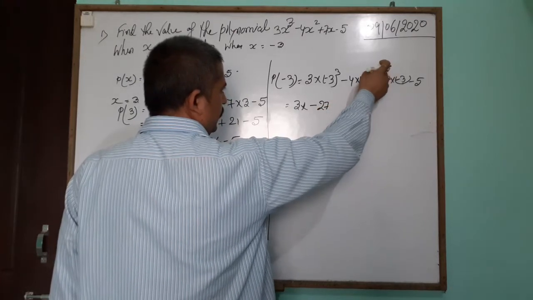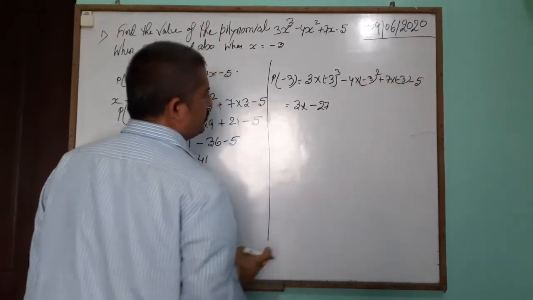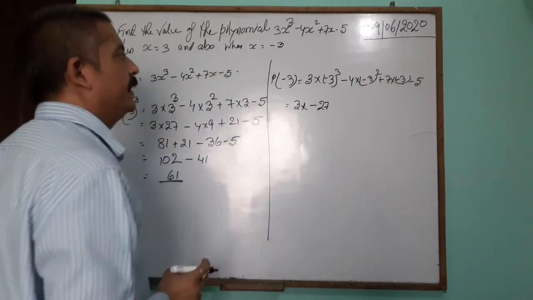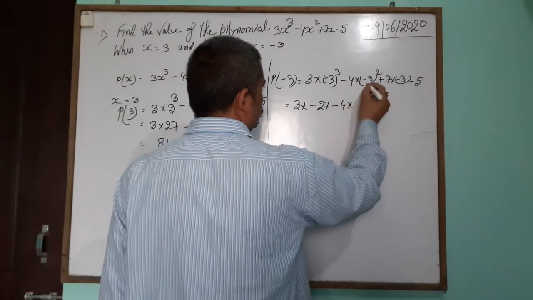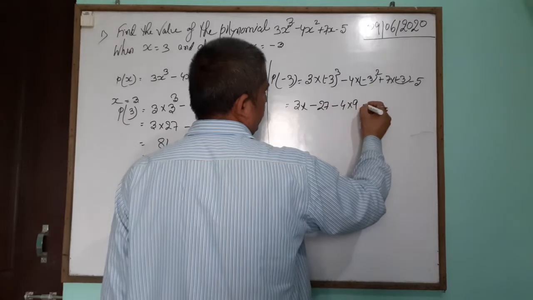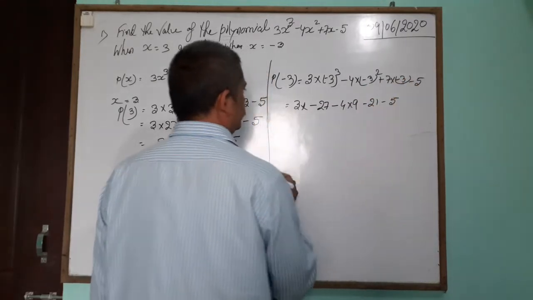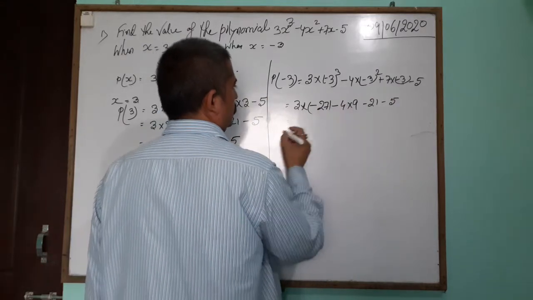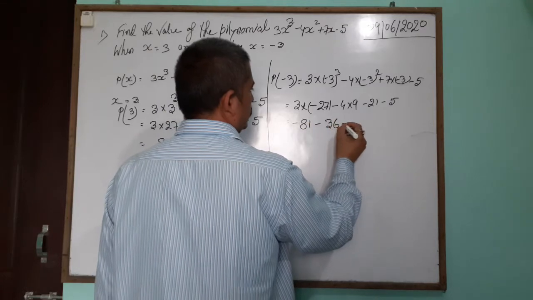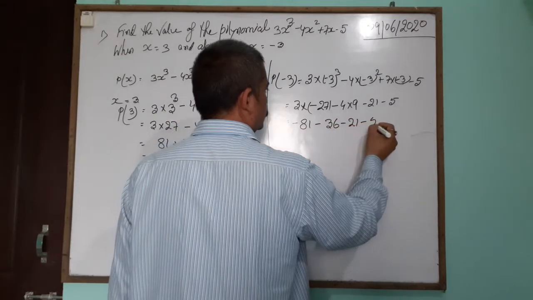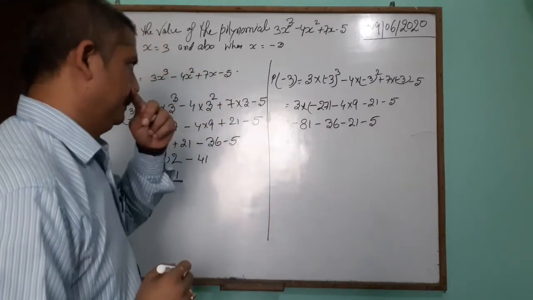Minus 3 power 2, 2 is an even number, so the square of any negative is positive. So minus 4 into 3 power 2 is 9, and minus 21 minus 5. So minus 81 minus 36 minus 21 minus 5. All the signs are negative.